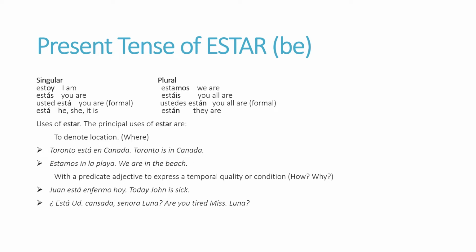The way we're using the verb estar here is to denote a temporary condition of the subject. In this case, Juan, a person, está, temporary condition, enfermo. He is sick. The same for the question. ¿Está usted cansada, señora Luna? Are you tired, Miss Luna? It is a temporary quality or condition of the subject.